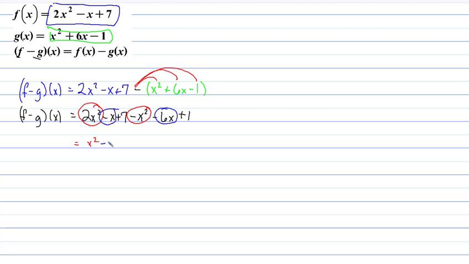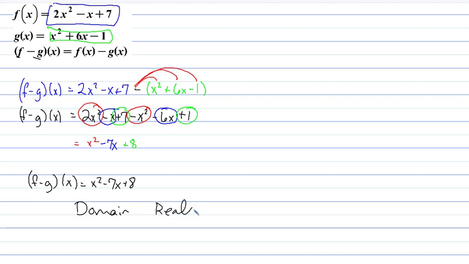That gives me a minus 7x. And then I take my constants, positive 7 and positive 1. That gives me plus 8. And so f minus g of x is equal to x squared minus 7x plus 8. And the domain, we don't have a denominator, so that means that we have all reals or from negative infinity to positive infinity.